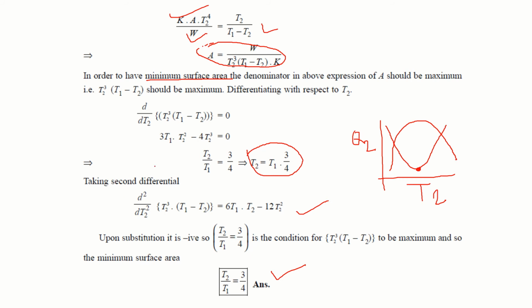Correct? Look here, I have taken d by dT2 and I have got this: T2 by T1 is equal to 3 by 4, or T2 is equal to T1 times 3 by 4.